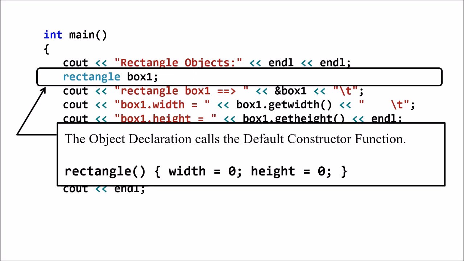When this function call is executed, the value 0 will be assigned to the data member box1.width, and the value 0 will be assigned to the data member box1.height.